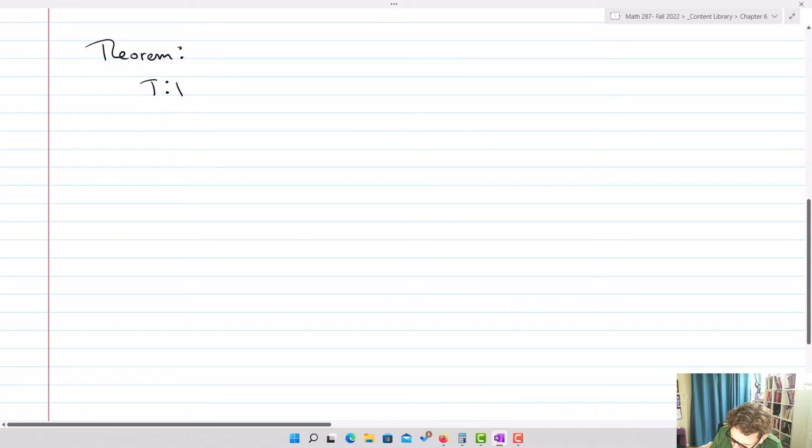So now we have a theorem that's also going to be helpful for us. The theorem is this one. We've got T, a linear transformation going from V into W, and we define T of X equals AX, where A is an M by N matrix.